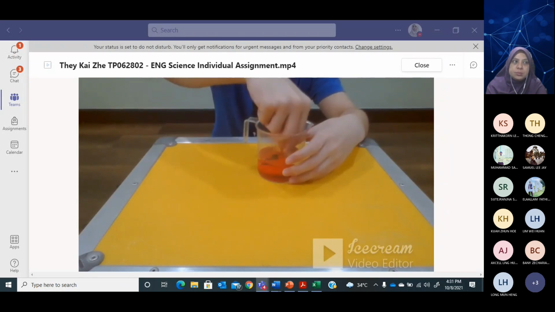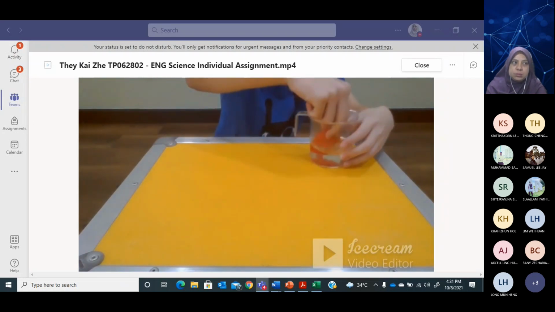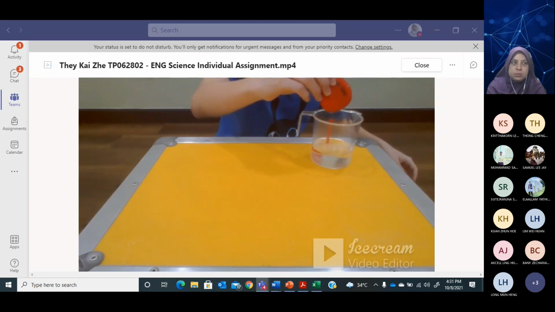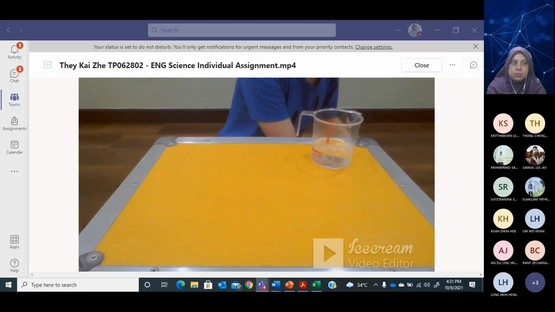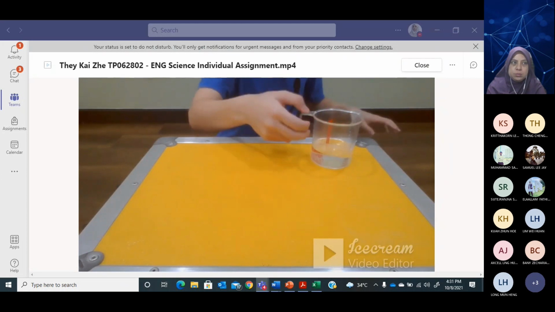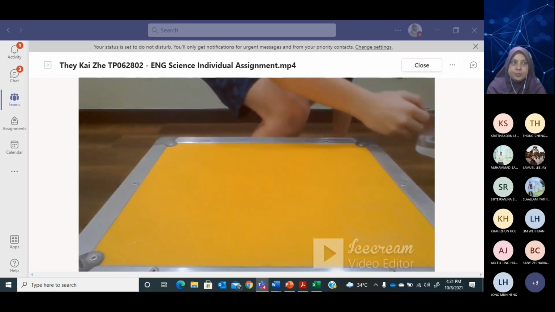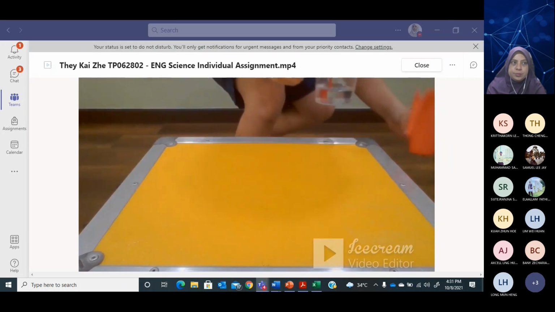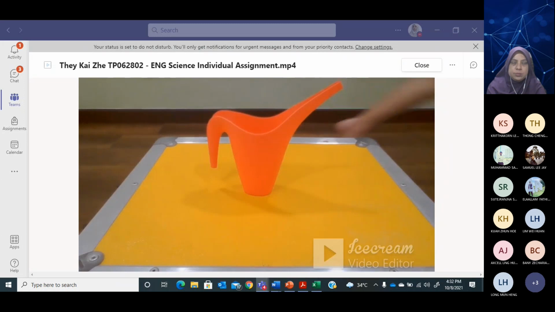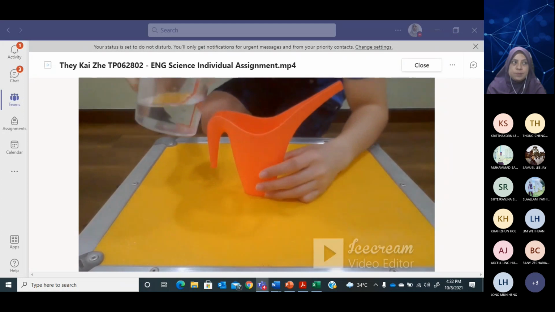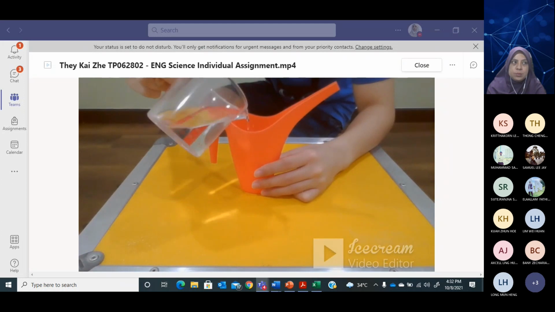And next I will fill this measuring cup with water again, and I will pour this into a watering cup.